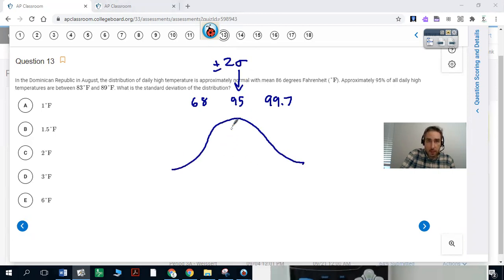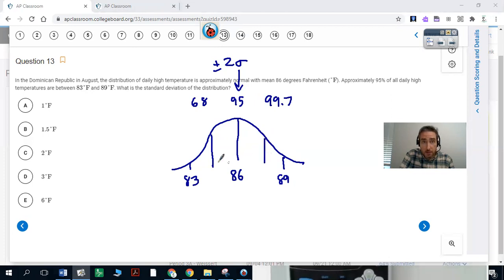So if you have your mean, which we got 86 here, and we go to 83, and we go to 89. Now I want you to understand this. 83 is not one standard deviation. This is actually 2 out because it's talking about 95% of the data.